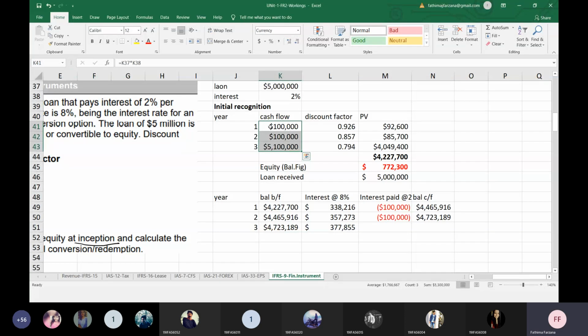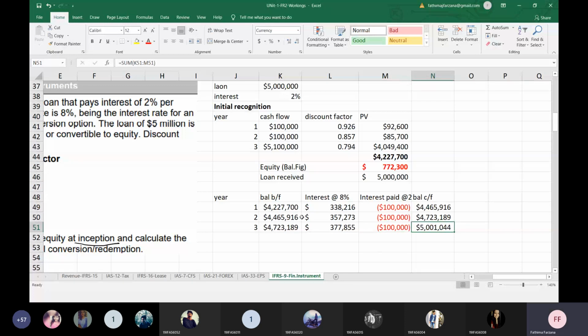Finance cost means only the interest part. How much is the interest part in the third year? $100,000. 100 only. It remains the same because they are asking only the finance charge. They didn't ask anything else.